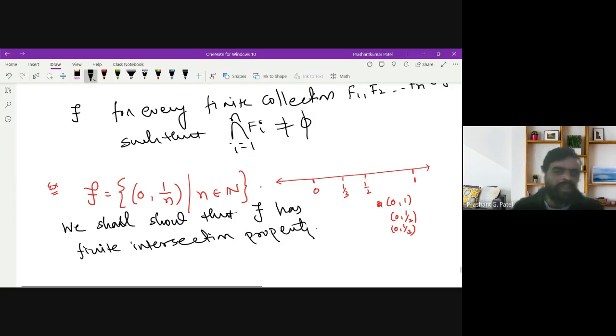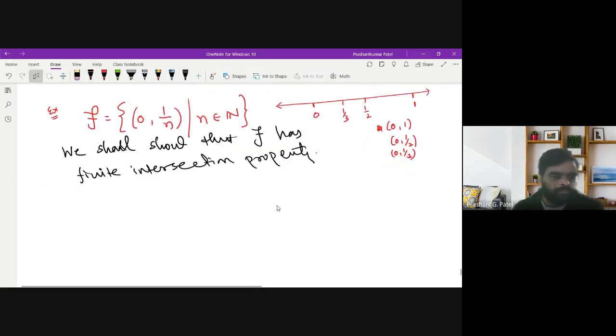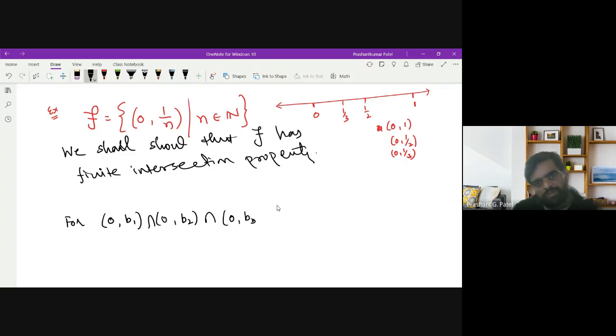So I will pick these intervals. Let's say it is 0 to b1, intersection with 0 to b2, and so on, up to 0 to bn. So ultimately, I am picking any sets of this type.